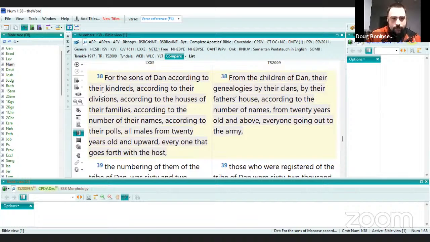The sons of Dan, according to their kindreds, according to their divisions, according to the house of their families, according to the number of their names, according to their polls, all males from 20 years old and upward, everyone that goes forth with the army. So again, no mention of the males, only the males. Okay. All right, so now we're going to go to verse 42, chapter 1.